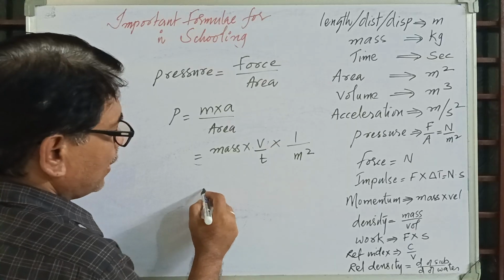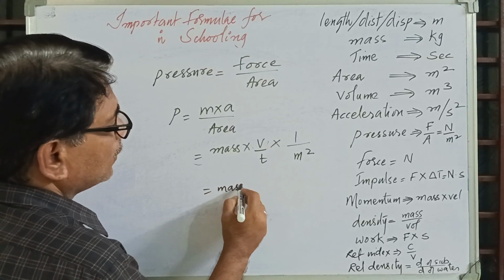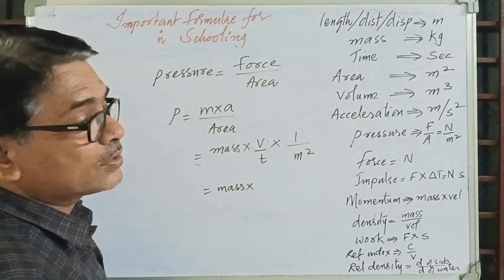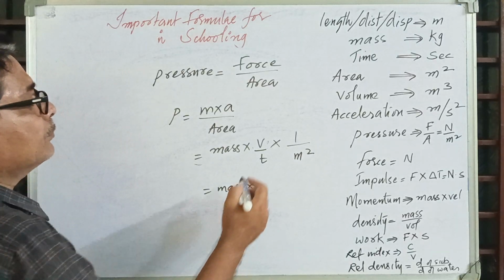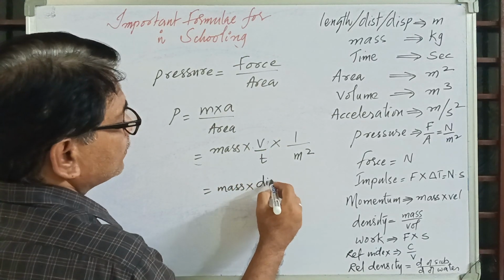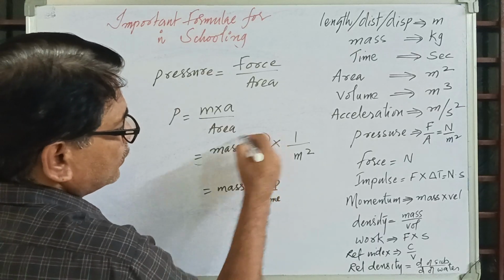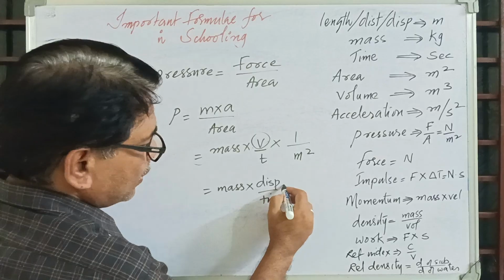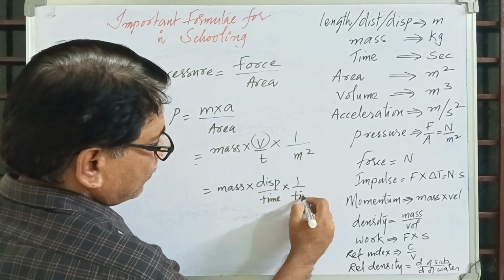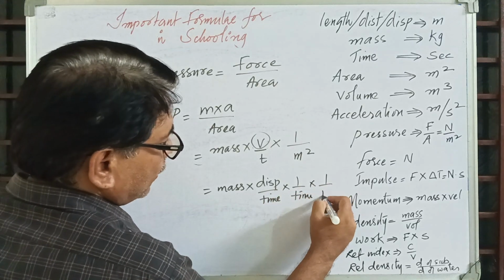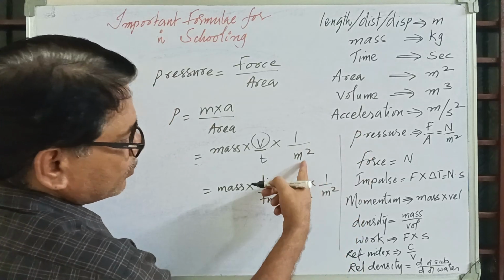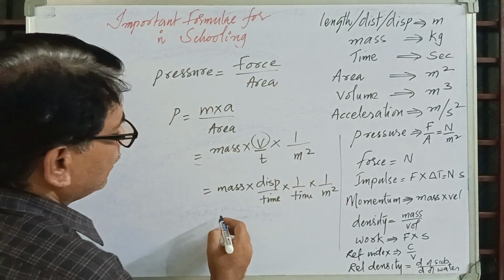So let me write time aside, mass into velocity. Velocity means displacement by time. I have something time related, so let me write it as time into 1 by m square. What is my m square? Area.